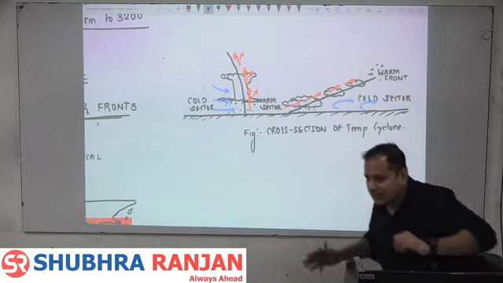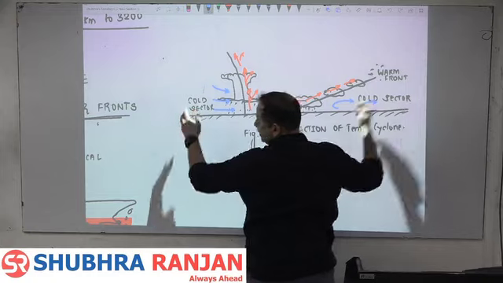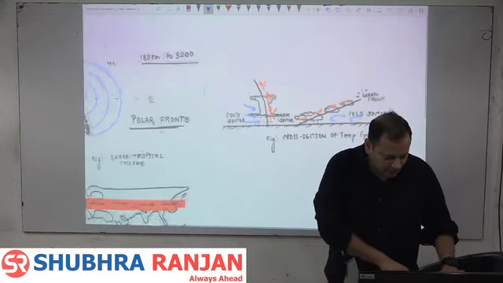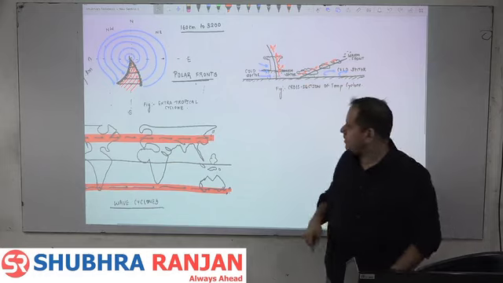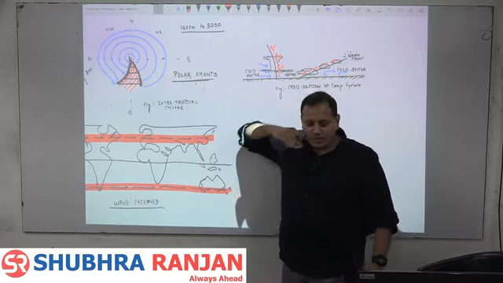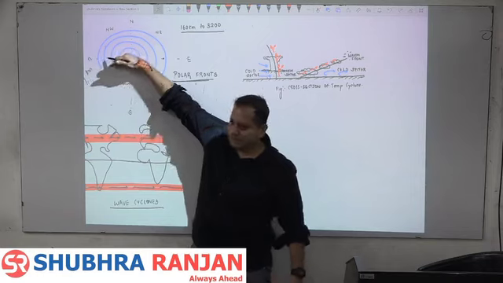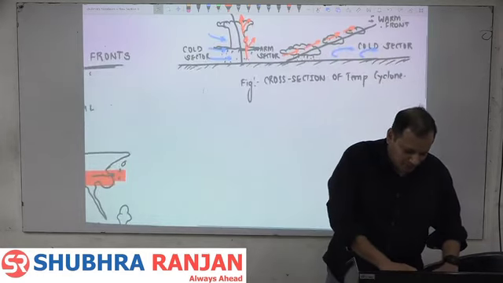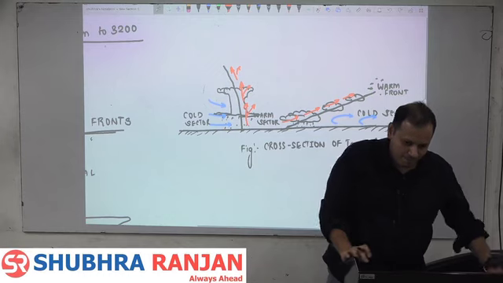This whole phenomenon is the temperate cyclone. This diagram is just what I have shown you, how the cross-section view will look. Fine. So you can draw this diagram.